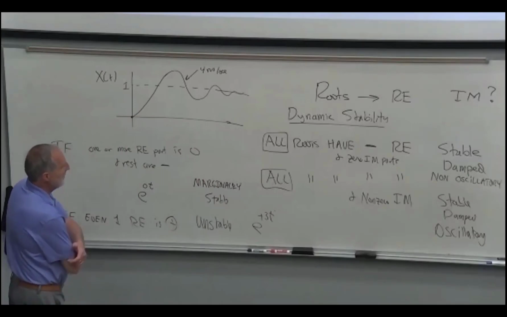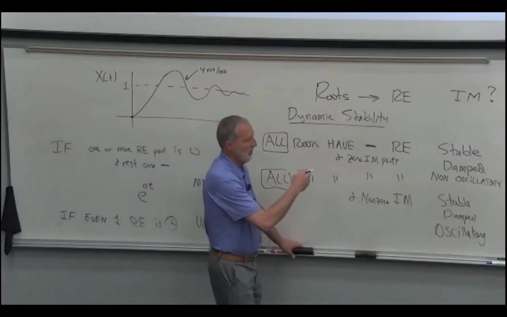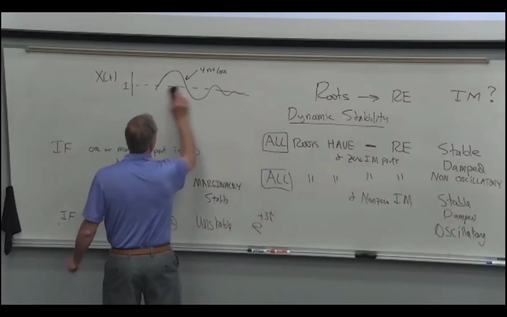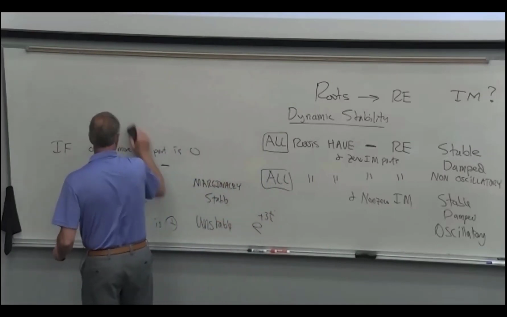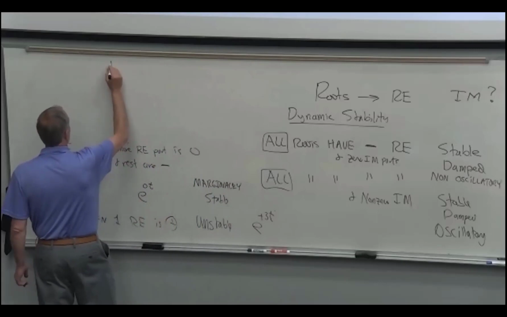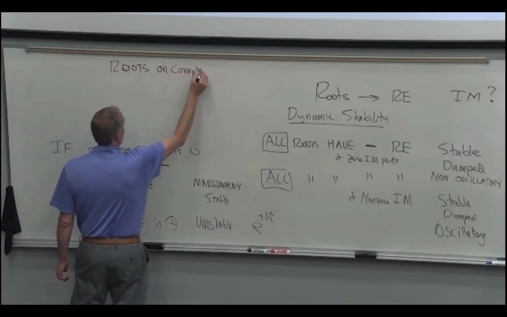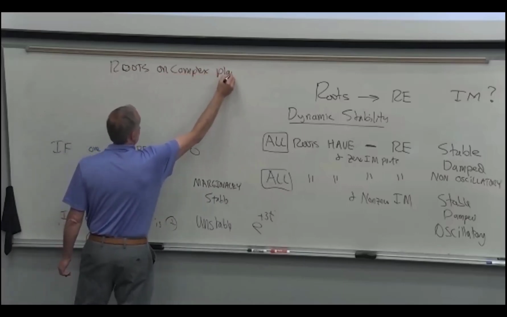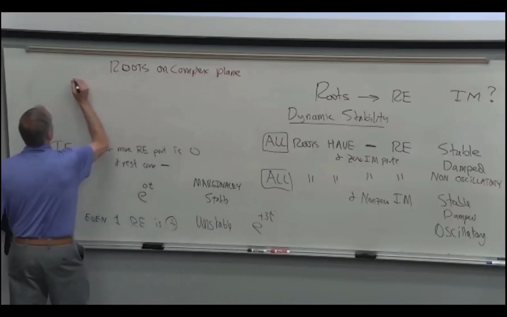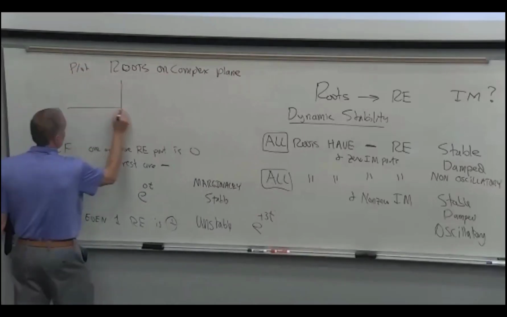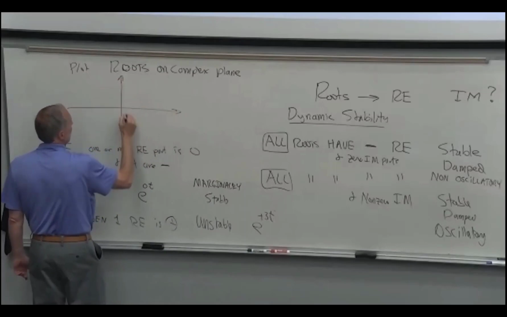And the really easy way to do this is to not remember this list at all. Simply plot the roots on the complex plane. Not an airplane, but a complex plane. We'll start with this next time, but I want to introduce the idea.